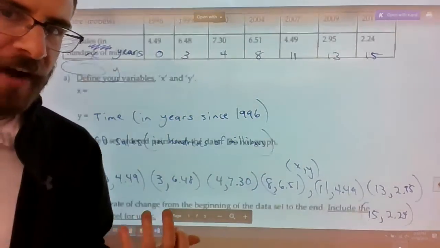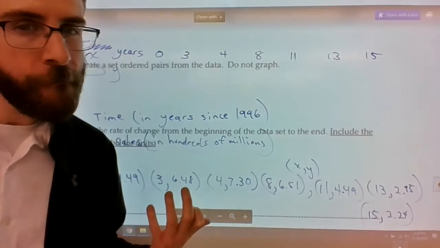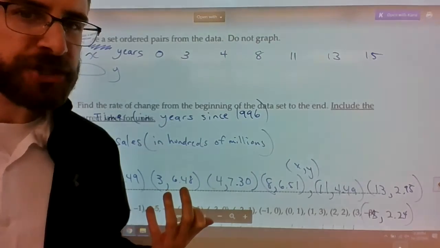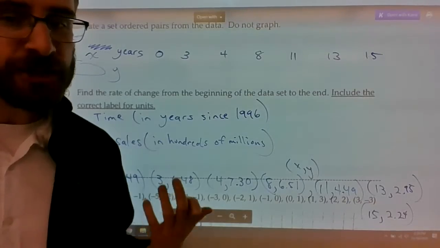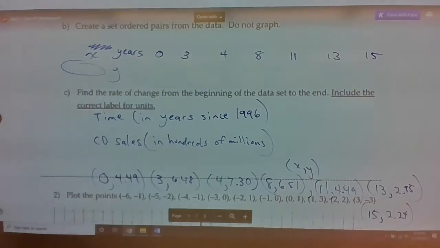Now, how would you find the rate of change from the beginning of the data set to the end of the data set?